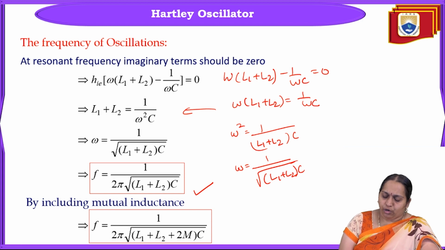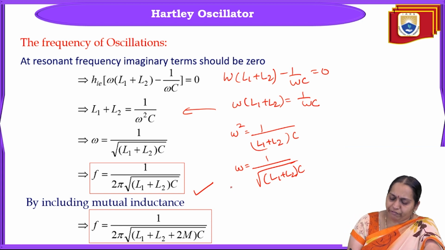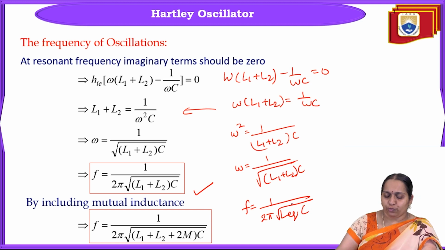Now, if L1 plus L2 equal to L equivalent, then we can write f equal to 1 by 2 pi root over L equivalent into C, where L equivalent is equal to L1 plus L2.